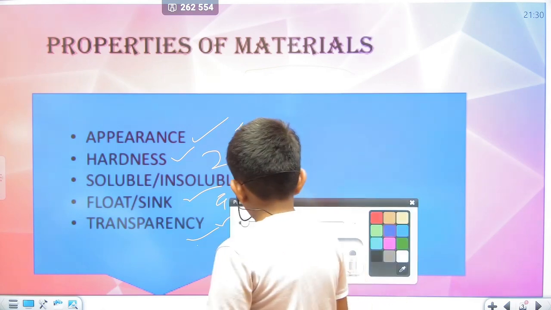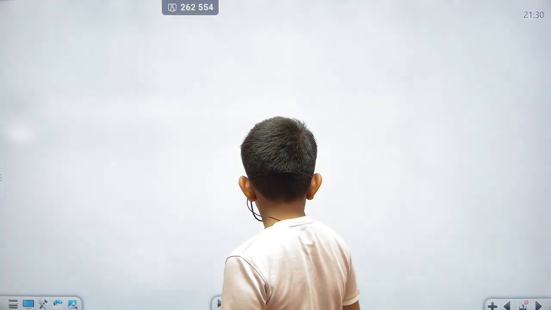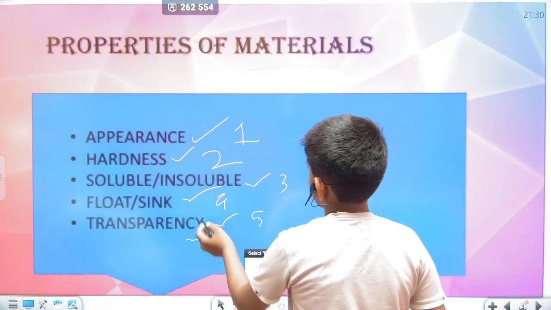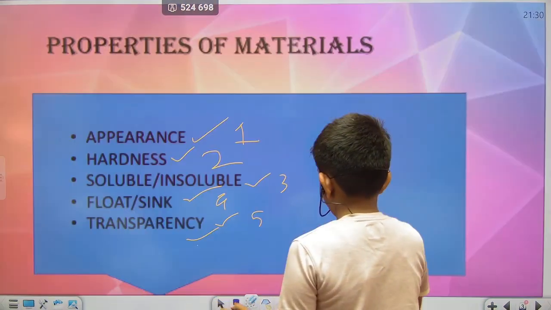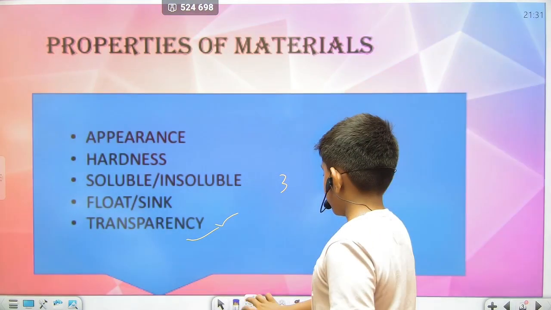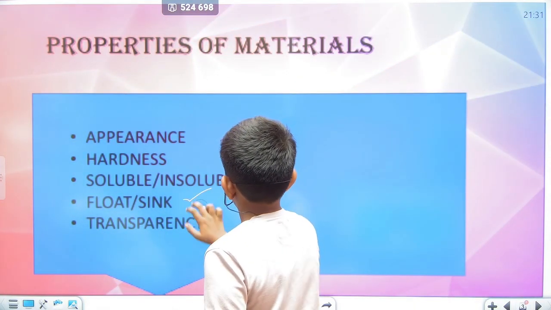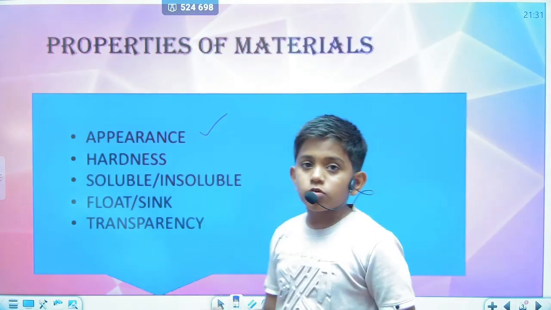Properties of the material. Next, we have some properties of the material. First of all, appearance, meaning how the material looks.